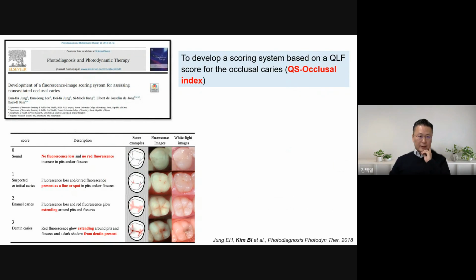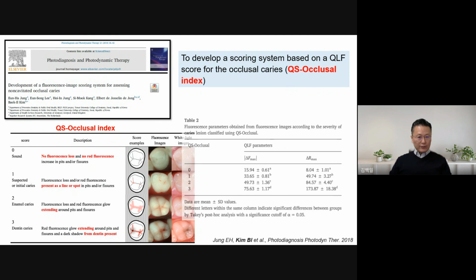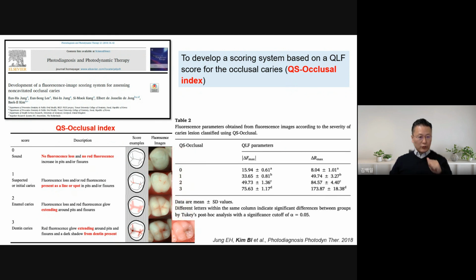Second, we also developed a new biofluorescence index that allows clinicians to easily assess occlusal caries. This new clinical index also consists of a scoring system ranging from 0 to 3. We examined the delta F and delta R values for each score of the QS occlusal index, confirming a clear distinction.